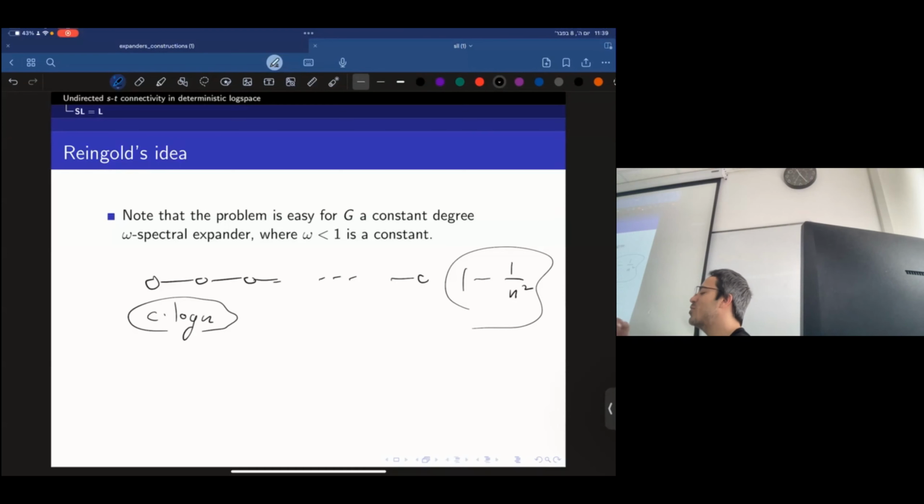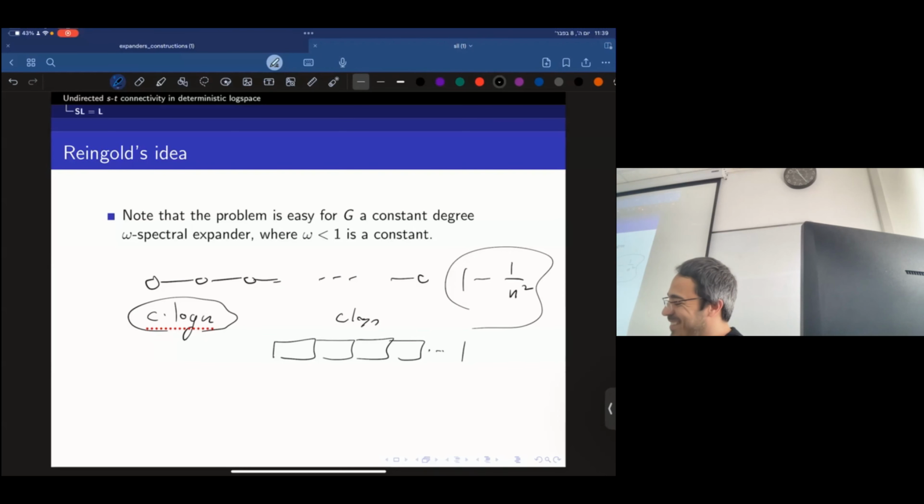So what you want to do is iterate over all possible C log n paths from S. You need a counter to count the number of steps, which goes up to C log n. Let me do the incorrect thing first. This is not the right thing to do, but let's see if you can fix it.